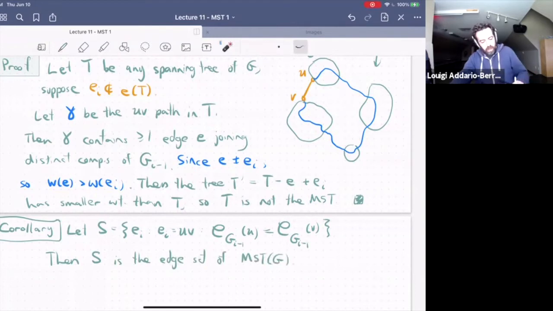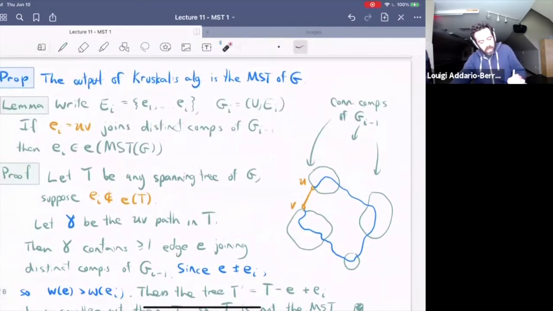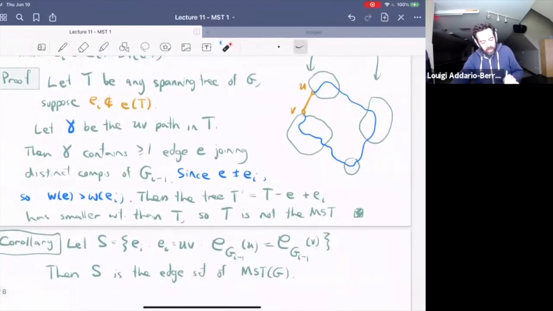Okay, so the lemma told me that any edge that joins distinct components of GI minus 1 was an edge of the MST. And now I'm saying something slightly stronger, which is that the set of edges which join distinct components of GI minus 1 is exactly the edge set of the MST.